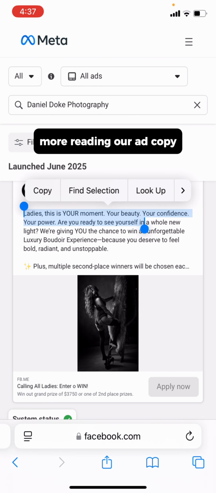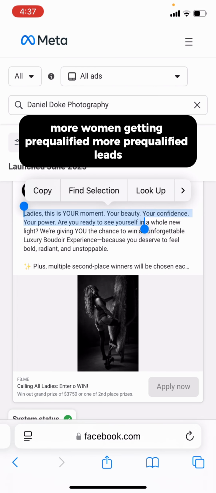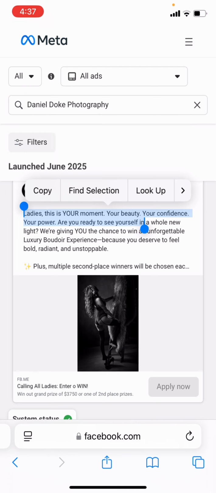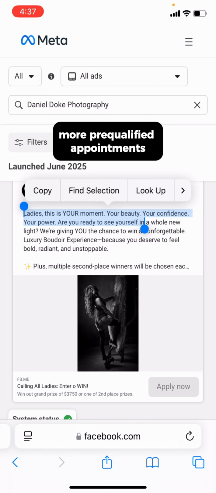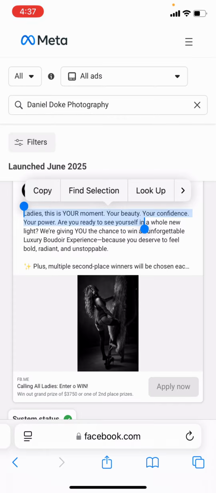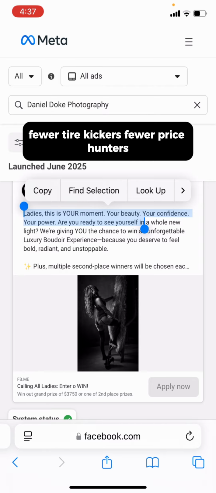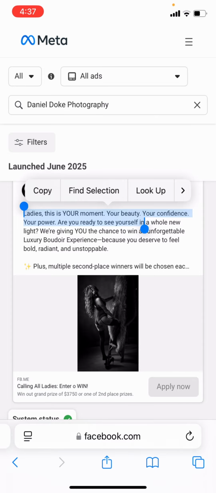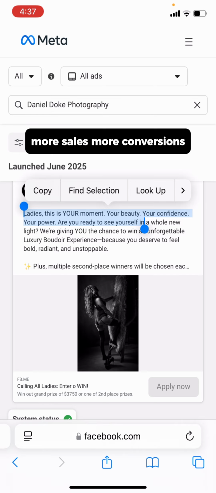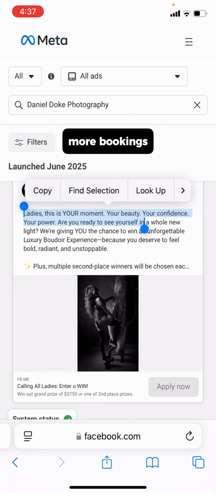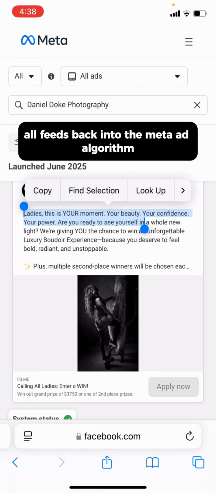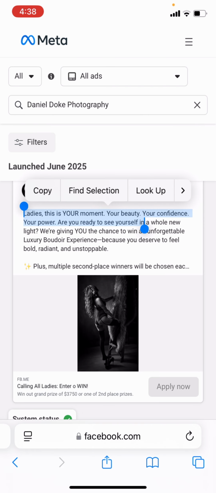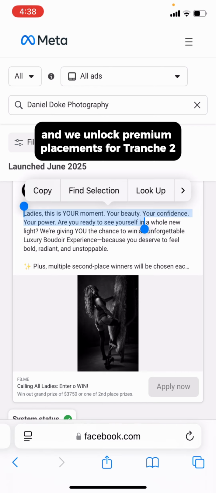More women reading our ad copy. More women getting pre-qualified. More pre-qualified leads. More pre-qualified appointments. Fewer tire kickers, fewer price hunters, fewer price objections. More sales, more conversions, more bookings, higher ROAS. All of it feeds back into the meta ad algorithm, and we unlock premium placements for tranche 2.